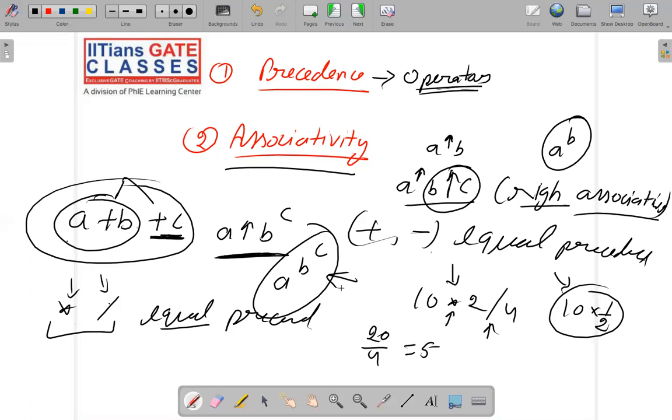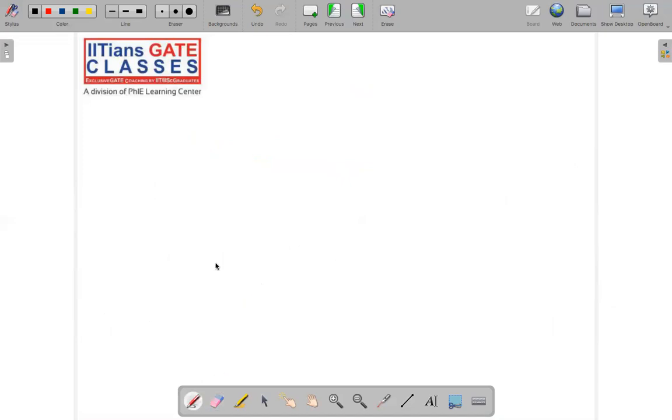Precedence means some operators have higher priority. You should calculate them first in the expression, then go for the lower priority ones. For example, here, if you do 3 plus 2 star 2, and you calculate in any order, this first, it is 5 star 2, which is 10.